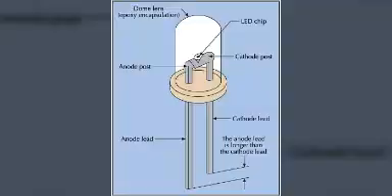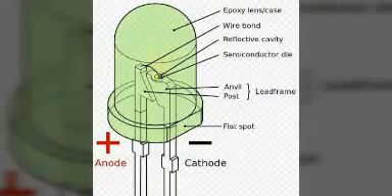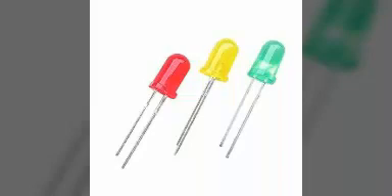But in the case of red, green and yellow, it is the visible region and light is formed. So this is the original representation of the LED, light emitting diode. It is a source of radiation, just like the electromagnetic spectrum, just like the sun. So LED is nothing but a P-N junction diode made of semiconductor.